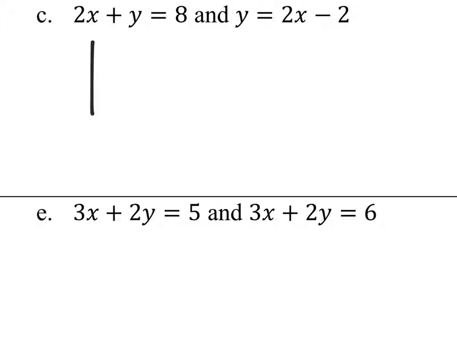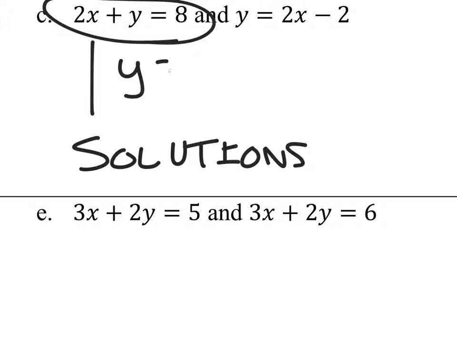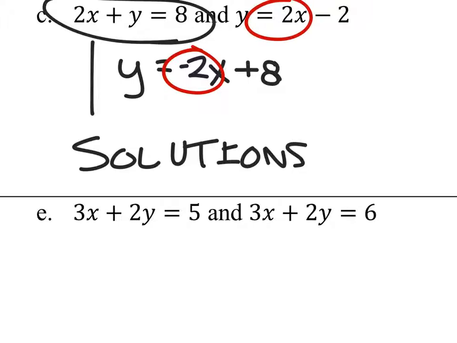Wait, this one is not yet in slope-intercept form. By changing it, we get y equals -2x plus 8. These are differing slopes, therefore it's one solution. All right, E.